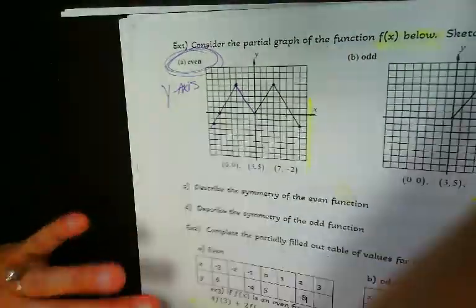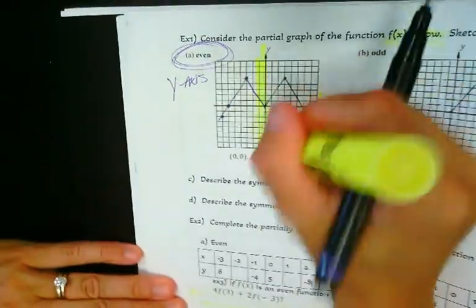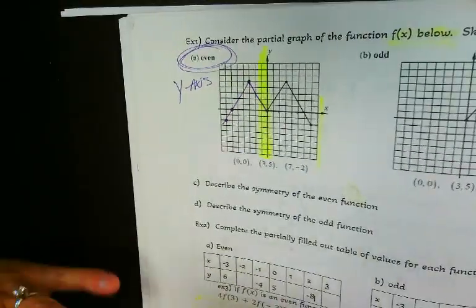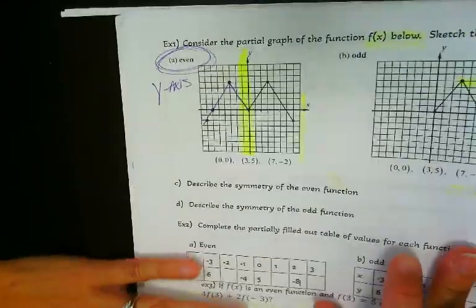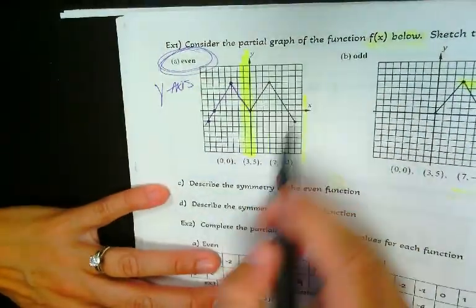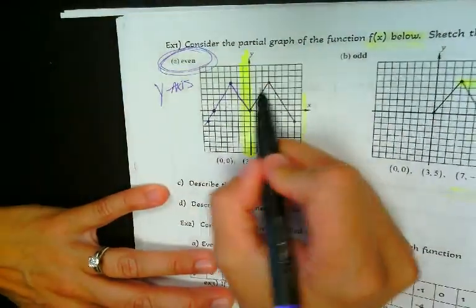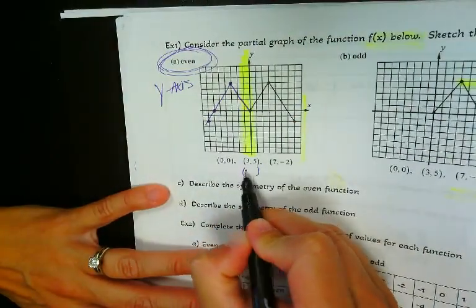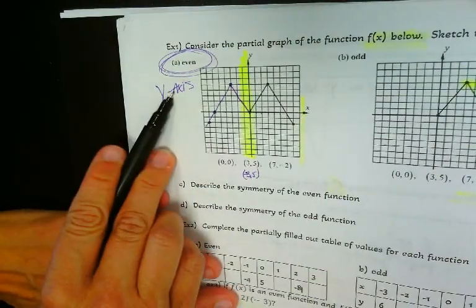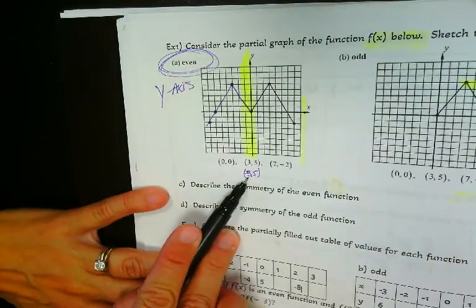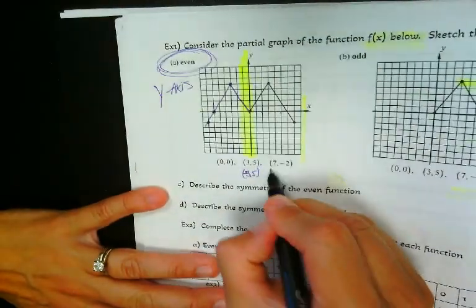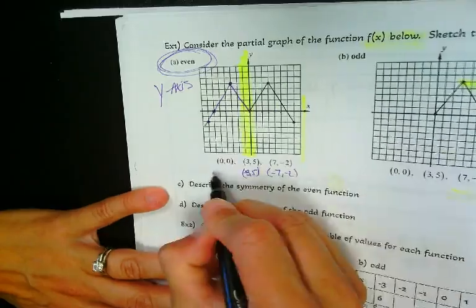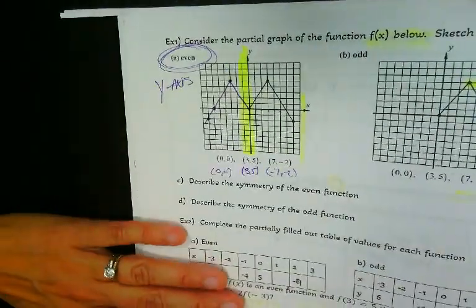If I fold right on that y-axis, it should land right on top of each other. Let's talk about what the points changed. If I was at 3, 5, what did my point become on the reflection over the y? Negative 3, 5. Does that make sense? Reflect over the y-axis, make the x negative. So this could become negative 7, negative 2, and obviously 0, 0 is going to stay the same.